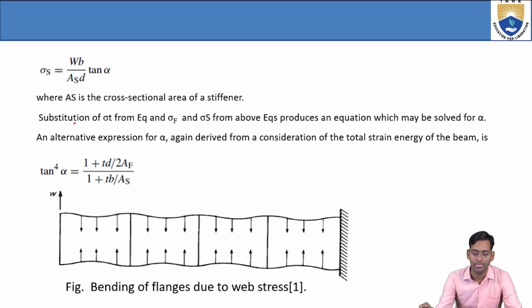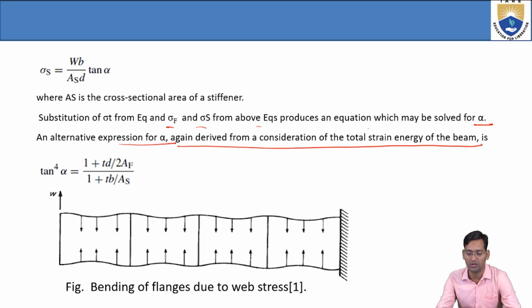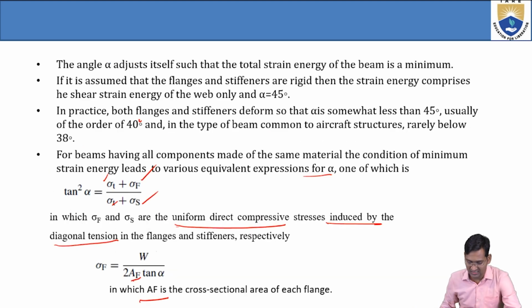Substituting sigma t from the earlier equation and sigma s from the above equation, let's substitute all the values and solve for alpha. An alternative expression for alpha, again derived from the consideration of the total energy of the beam, is obtained by substituting the values of sigma t, sigma f and sigma s.